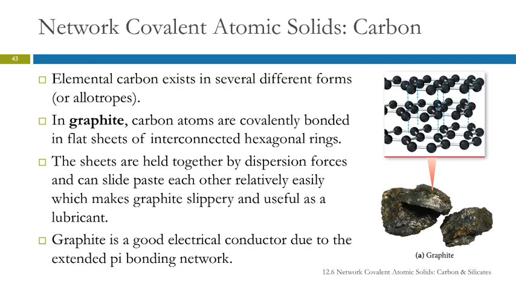Since we have a large area on these surfaces, they hold together pretty well, but the dispersion forces are significantly weaker than covalent bonds. So if you put some pressure or stress on this, the dispersion forces are going to give way and slide apart. The covalent bonds are going to stay intact.